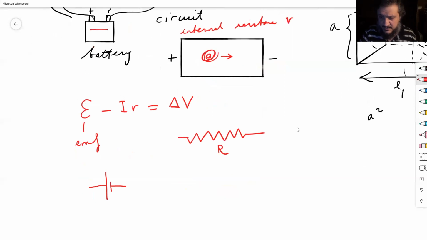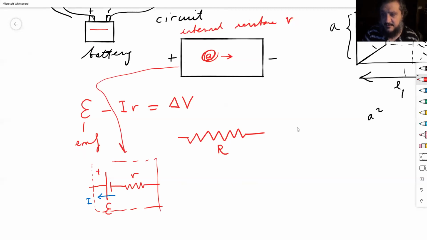A long line stands for the positive, and a shorter one is the negative. So that's the EMF, which forces the current in this direction when the circuit is completed. But it has an internal resistance, so that's little r. These two together are actually what a battery is. This is the battery here.